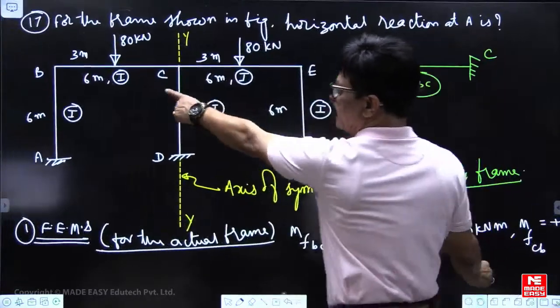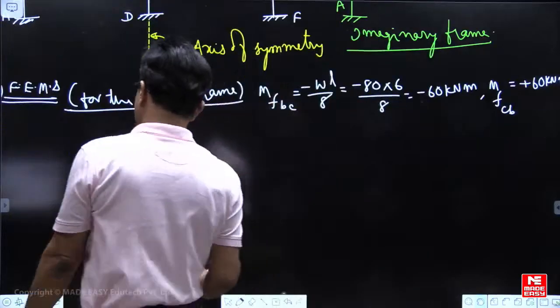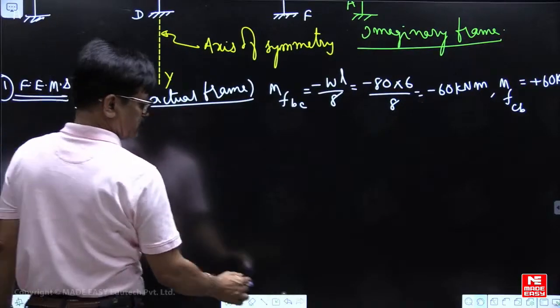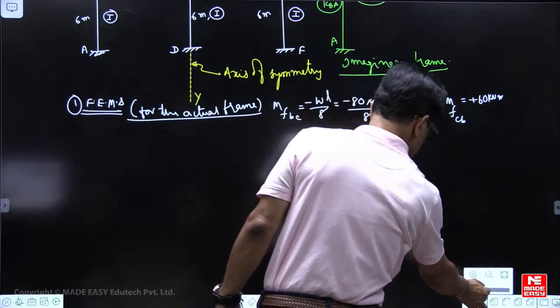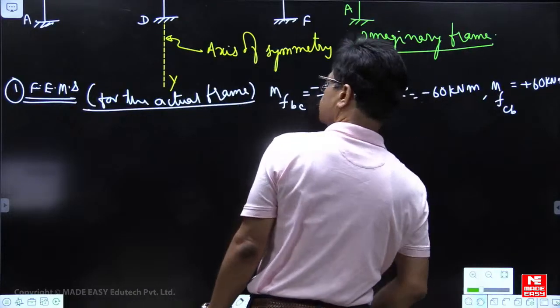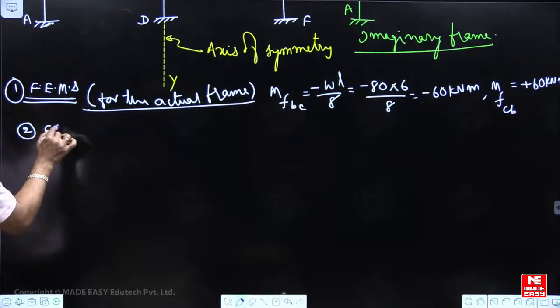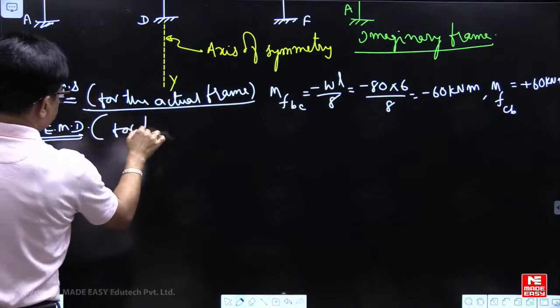See here again, I6, I6. That means distribution factors are 0.5, 0.5. Now directly you can write the end moment distribution. This we will do for the imaginary frame.